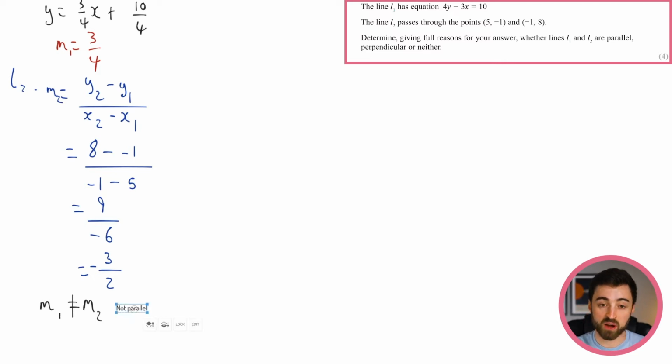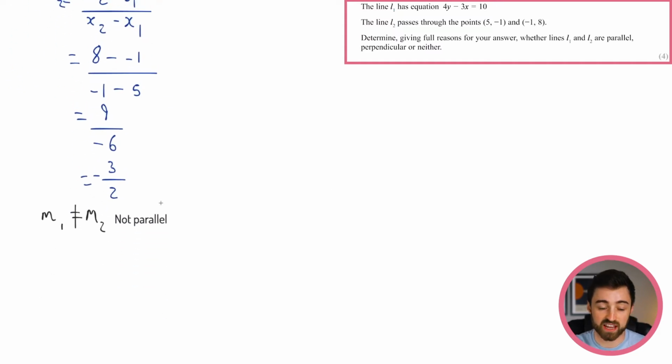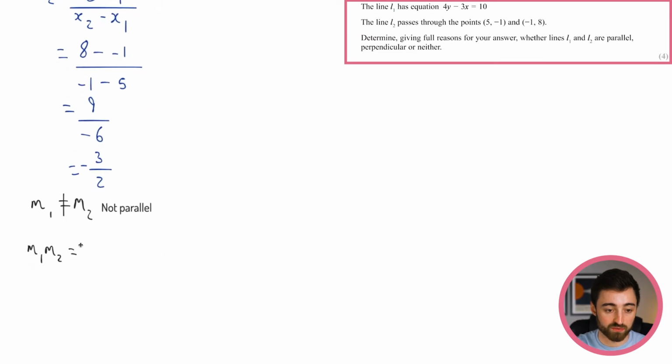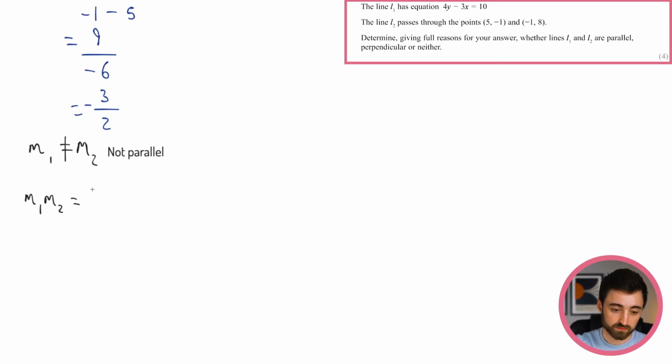And then the perpendicularity criterion is basically just saying if they multiply together to make minus 1, then they're perpendicular. Essentially, let's work out M1 times M2. M1 is 3 over 4. M2 is minus 3 over 2. Do they multiply together to make minus 1?